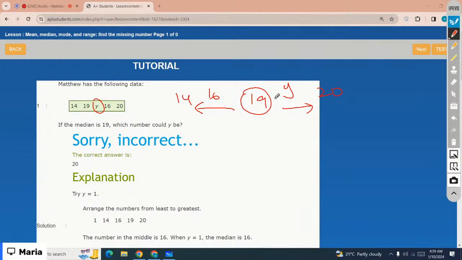The total numbers are 5, so before the median you have two numbers, all less than 19, and after the median you have two numbers, all greater than 19. So y must be greater than 19, so that would be 20. Got it? The correct option is 20.